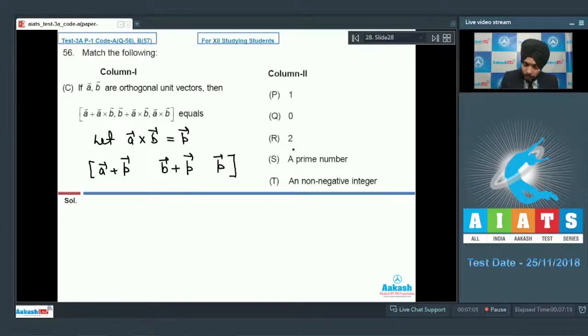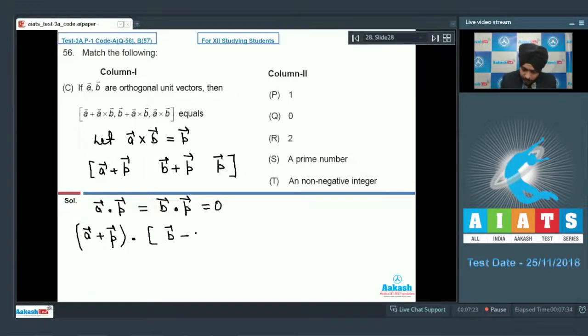Remember, A dot P and B dot P are both equal to 0 because P is A cross B. Now expanding the scalar triple product, A vector plus P vector dot with B plus P cross P.